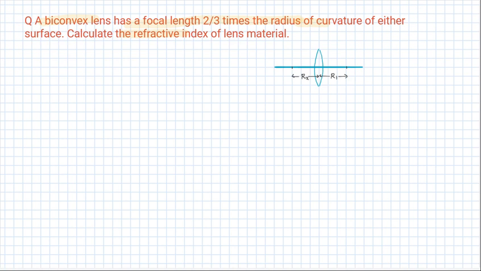So I will just write down the solution here. Your radius of curvature R1 is positive, whereas your R2 is negative.